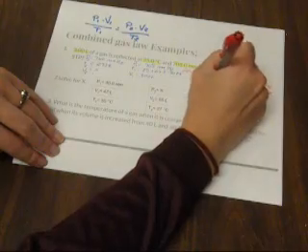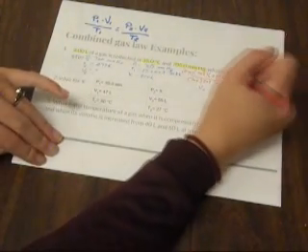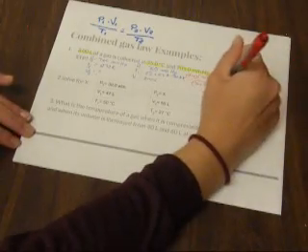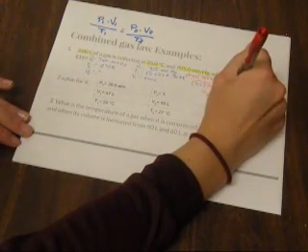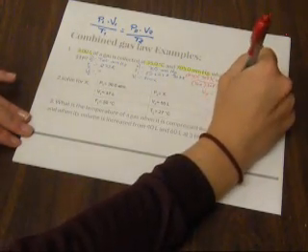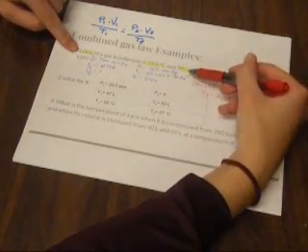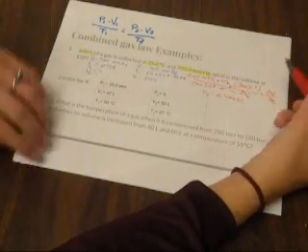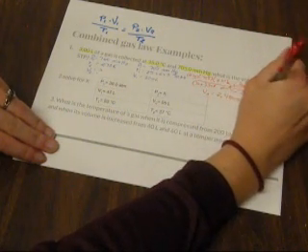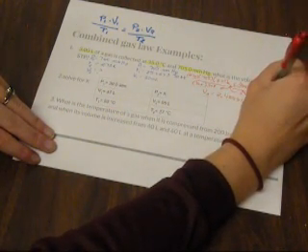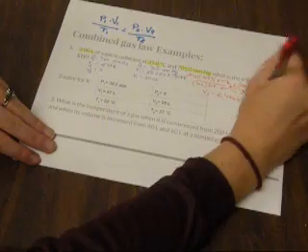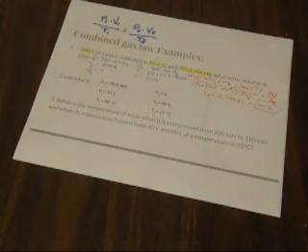So our volume 2 equals 2.4666 liters. But if we're looking at sig figs, we have 3 here and 4 here. So we'll be taking 3 sig figs. So our V2 equals 2.47 liters. There you go.